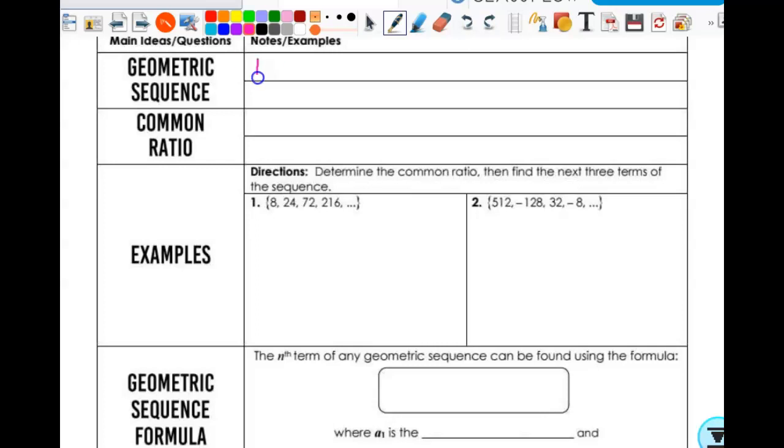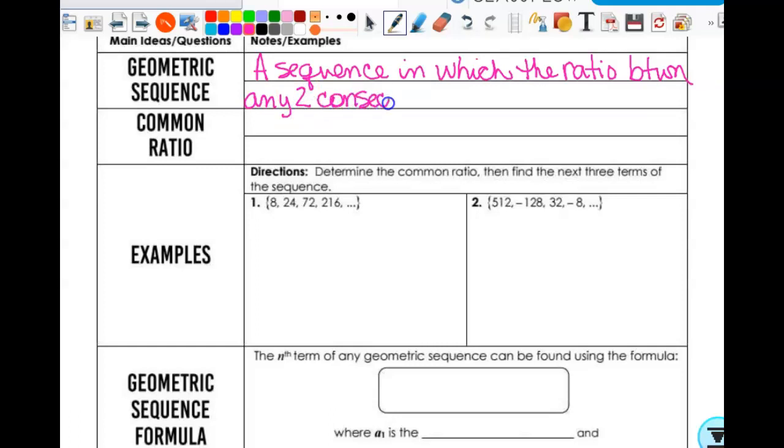So a geometric sequence is a sequence in which the ratio between any two consecutive terms is constant. Okay, so a sequence in which the ratio between any two consecutive terms is constant.